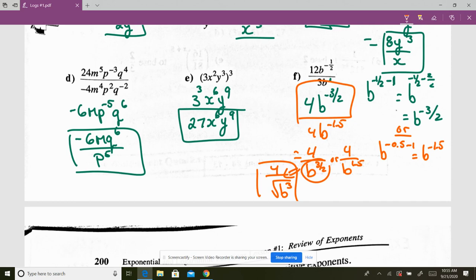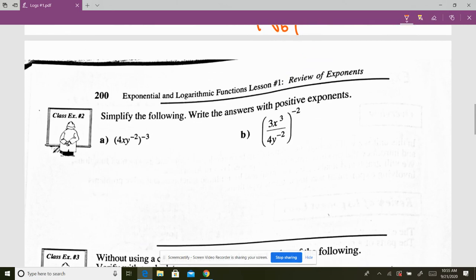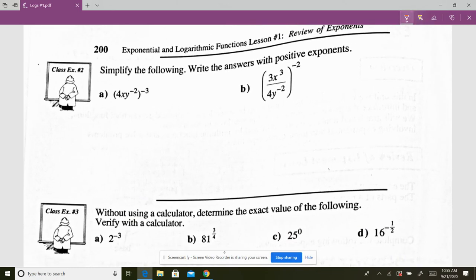Okay. Going once, going twice. Are we okay? Okay. All right. Simplify, writing with positive exponents.